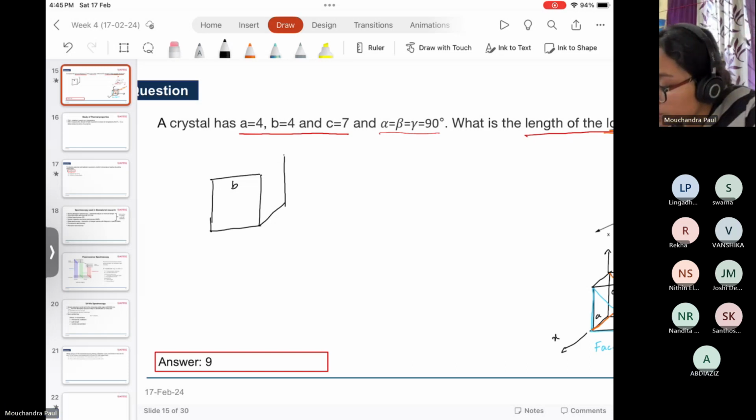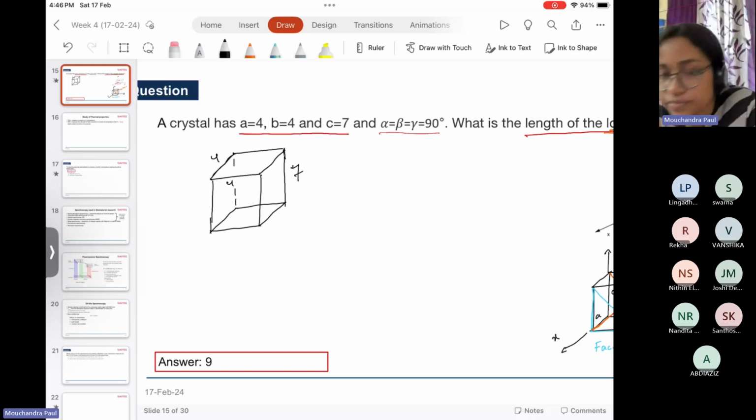So here it is 4 units, and C is the longest edge, it is 7.